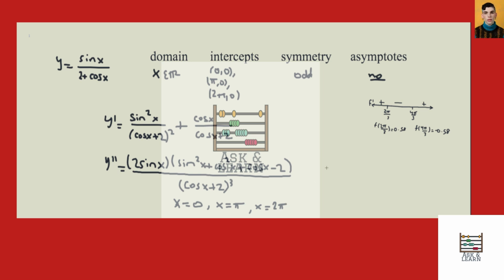All right, so here's f double prime for our second derivative test. I have 0, pi, and 2 pi. Here it's going to be concave up. Here it's going to be concave down. Here it's going to be up and go back to down.